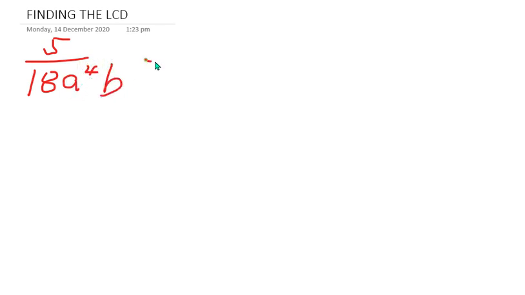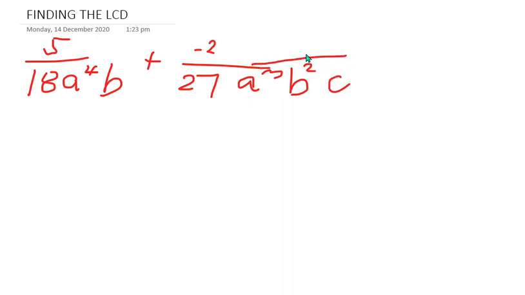Okay, so how do you find the LCD? Between, halimbawa, we have 5 over 18 a to the 4th b plus negative 2 over 27 a cubed b squared c. Okay, we're going to get the LCD.